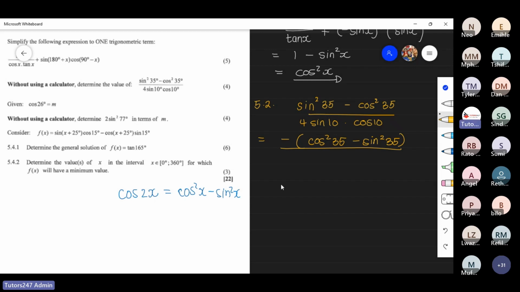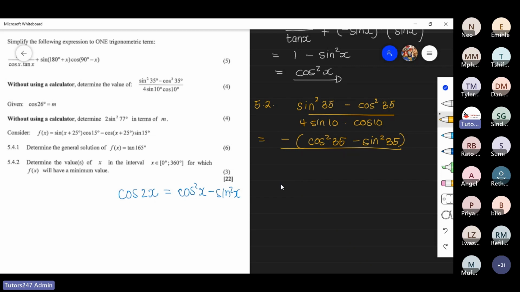Now that looks similar to what we have in our formula sheet. So we can now substitute cos 2 of 35, not squared. So in place of cos squared 35 minus sine squared 35, we can now substitute cos of 2 times 35. So that is only the top part.